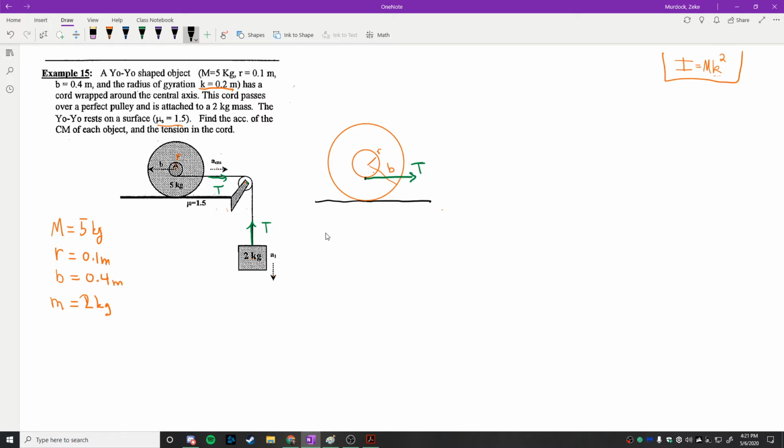What other forces does the spool feel? Normal and mg, right? The normal force should basically be coming out from here. Its weight would come from the center. And then friction, right?